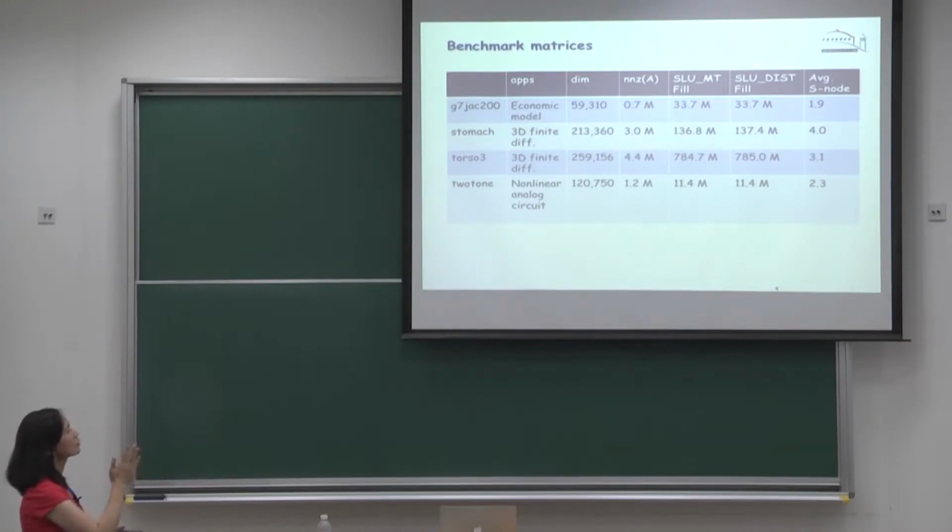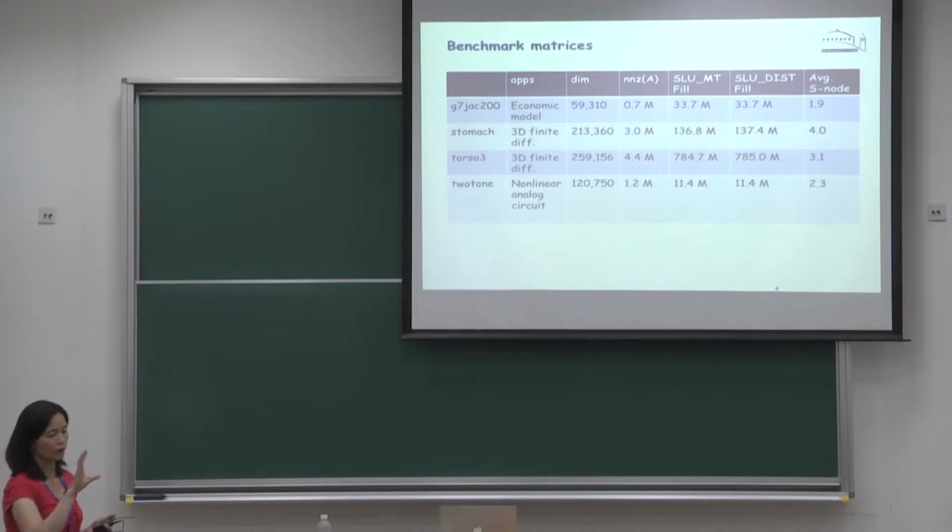That's only the average. In fact, if you do a profile of the supernode size throughout the factorization, in the beginning they are very small. A lot of supernodes are just one column. They don't have any similarity in the beginning. But as you proceed towards the end, you get big supernodes. For example, think about nested dissection. Remember we talked about the separator: the submatrix corresponding to the separator part is always dense. Those are actually supernodes.